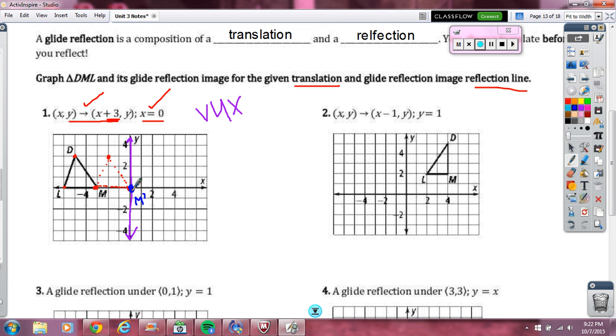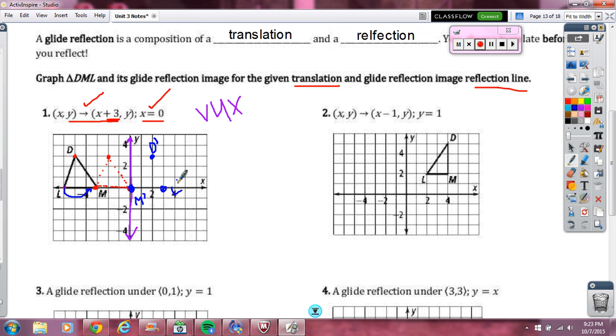But this point up here where D has translated to is 2 spaces away from my line of reflection, so the image better be 2 spaces away. So there's my D prime. Last one, point L is 3 spaces from the line of reflection, so 1, 2, 3 is where its image is.